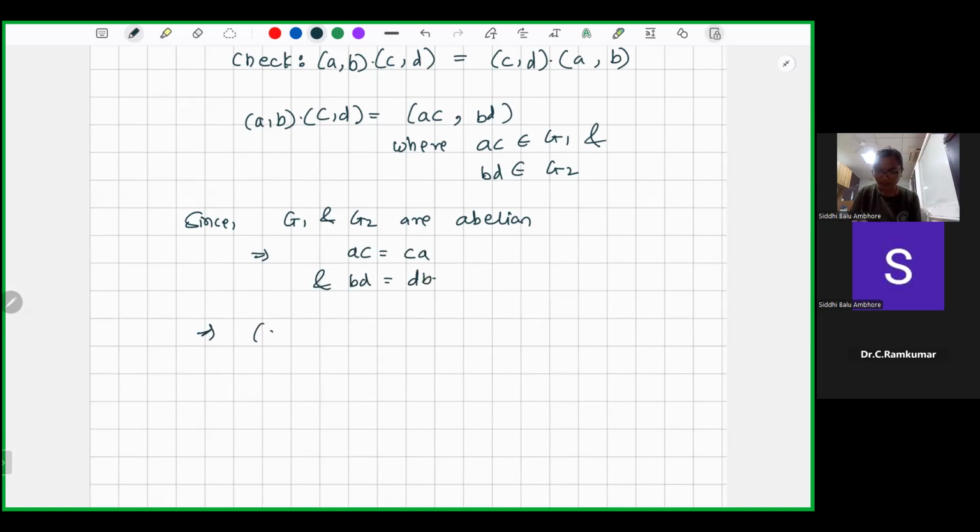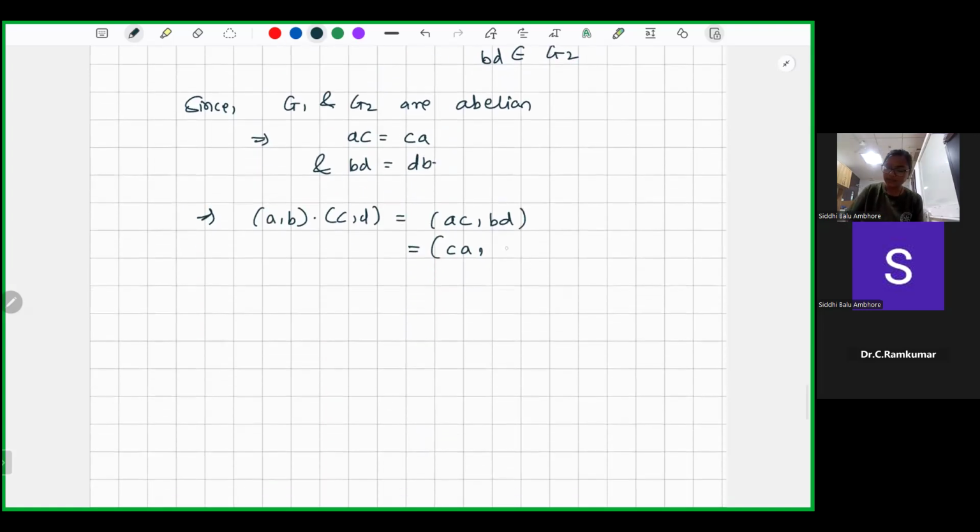So this implies that (a, b) into (c, d), which was (ac, bd), each entry I can write as ca and db using this information which I have here. And then, by the definition of product defined in my new G, which is the direct product of G1 and G2, it becomes (c, d) into (a, b).